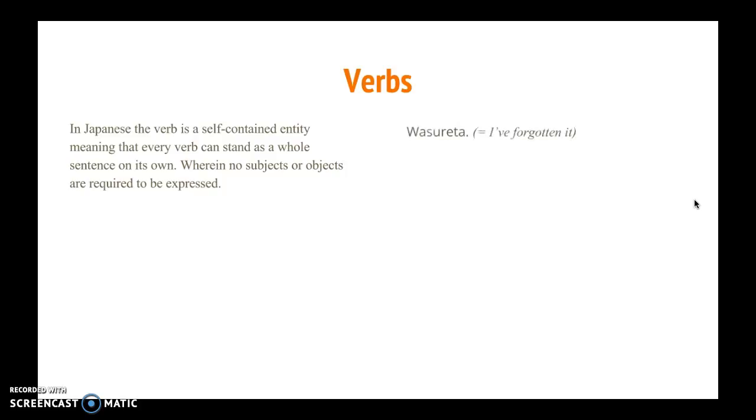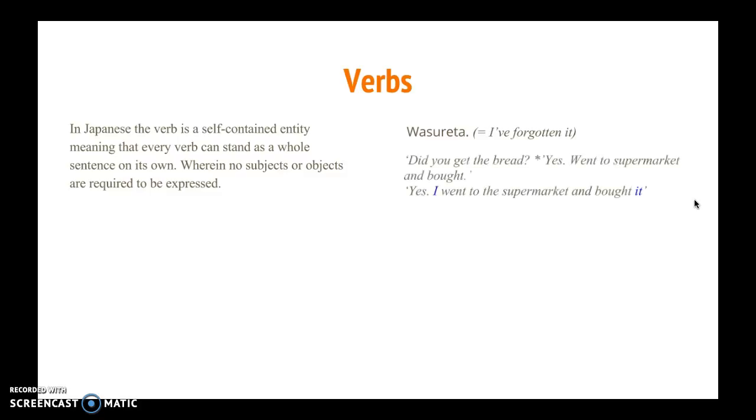Well, let's take an example. 忘れた. I've forgotten it. You see that it's simply one verb, which is treated as a whole unit. It's one verb in Japanese, but it's several words in English, right?